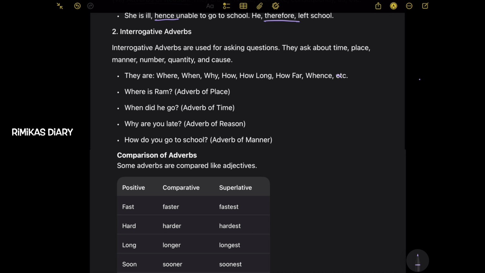Now the second type, interrogative adverbs. Interrogative adverbs are used for asking questions. They ask about time, place, manner, number, quantity, and cost. They are where, when, why, how long, how far, whence, etc. So whence means from which or from where.